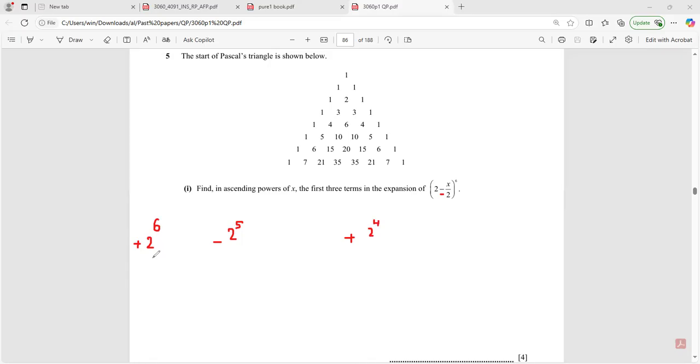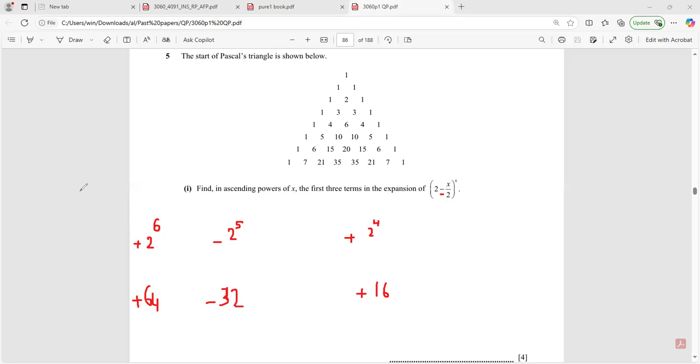Remember 2 to the power of 6 equals 64, 2 to the power of 5 equals 32, and 2 to the power of 4 equals 16. Don't forget to merge the sign. Remember positive, negative, positive, because he needed just the first 3 terms.